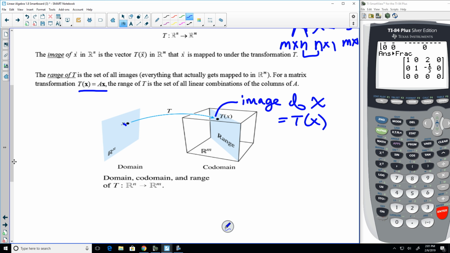You create a linear combination of those columns, right? You take the entries of x and multiply them by each column vector and add them up. That's a linear combination. So you're finding every linear combination of the columns of A, and it ends up being the span of the columns of A. So the range of one of these transformations is always the span of the columns of A, or you could just say it's all linear combinations of the columns of A.